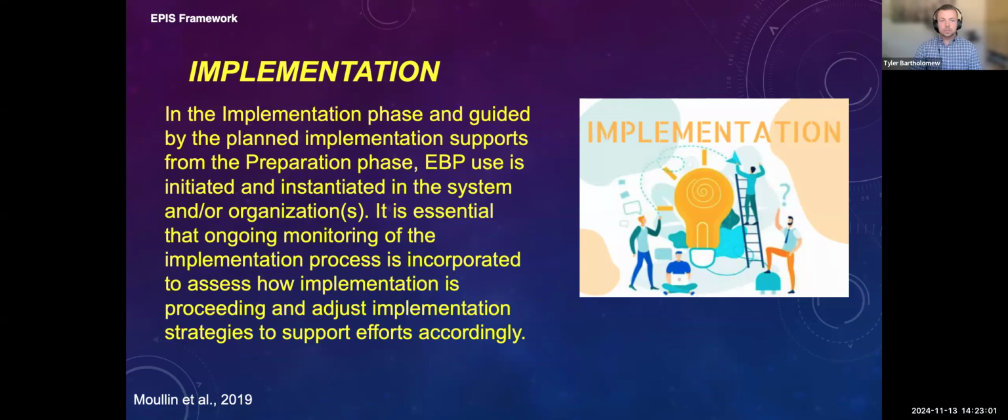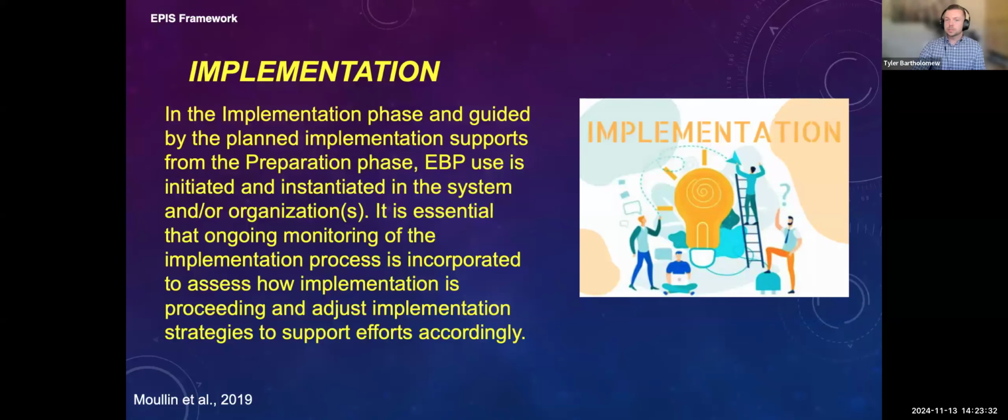It is also essential that ongoing monitoring of the implementation process is incorporated to assess how implementation is proceeding and adjust implementation strategies to support efforts accordingly. Again, this model, the way it's designed, is to describe the implementation process, what we should expect when we are implementing an intervention, versus identifying or theorizing the hypothetical mechanisms that are promoting this movement forward in the implementation process.